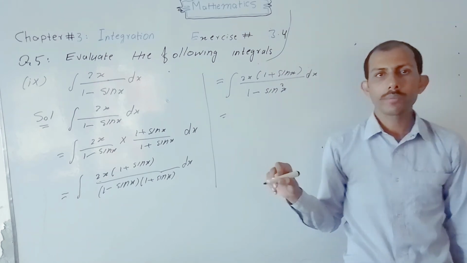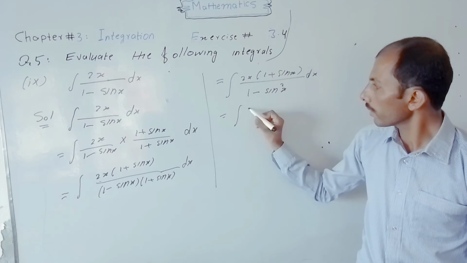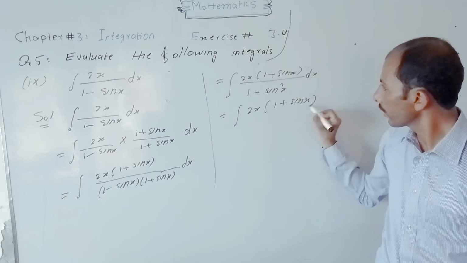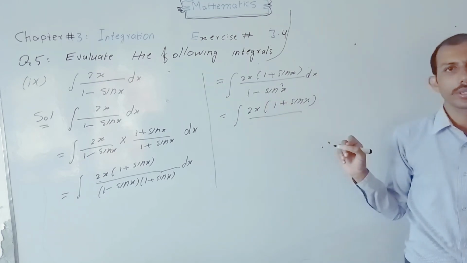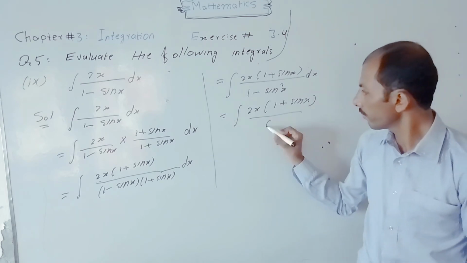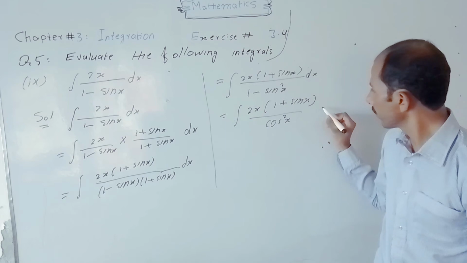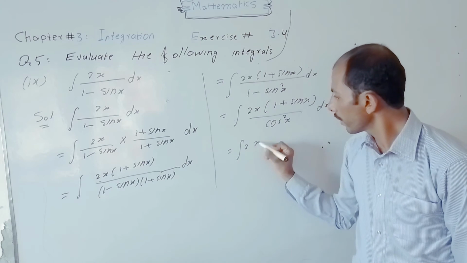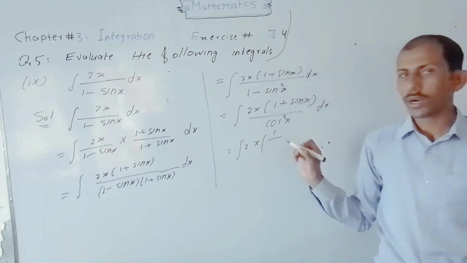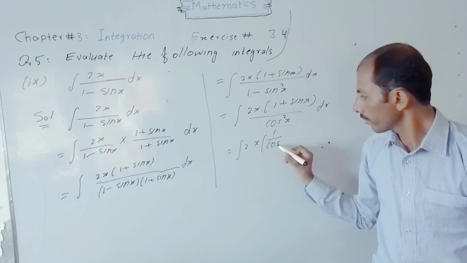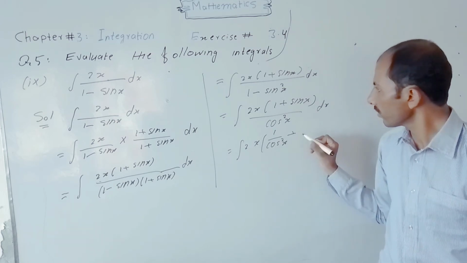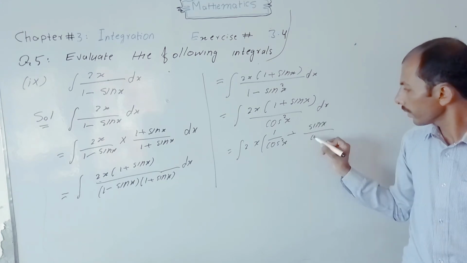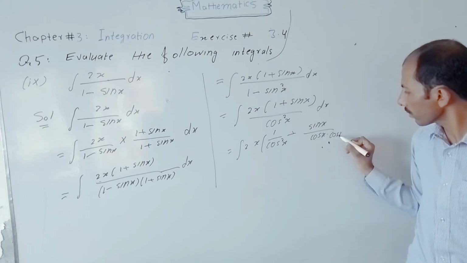which is equal to integral 2x into 1 plus sine x divided by 1 minus sine square x, which is equal to cos square x, which is equal to integral 2x into 1 divided by cos square x plus sine x divided by cos x dot cos x.